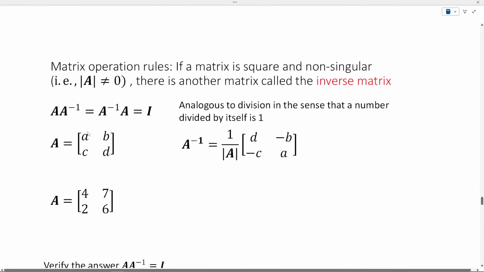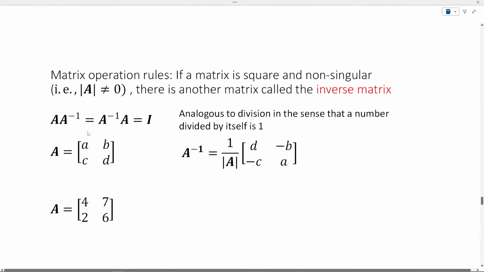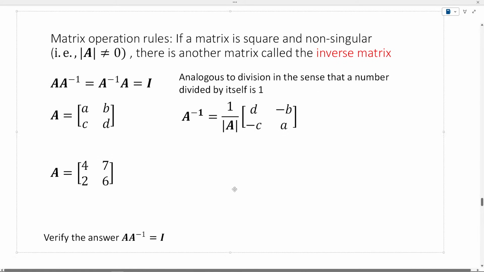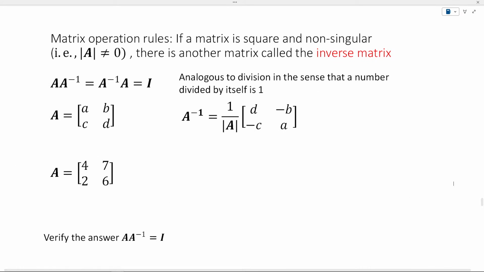Okay, similar to what we did when we multiplied matrices, can we also divide two matrices? No. So here is the matrix operation rule: if a matrix is square and non-singular, where non-singular means that it is invertible, that its determinant is not equal to 0, there is another matrix called the inverse matrix.